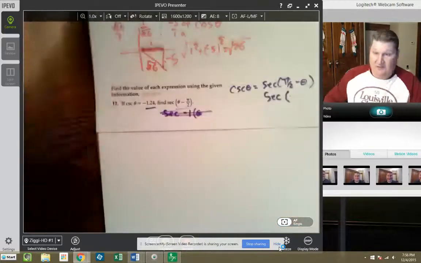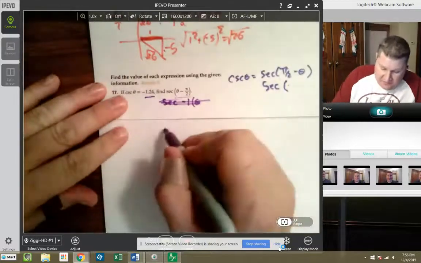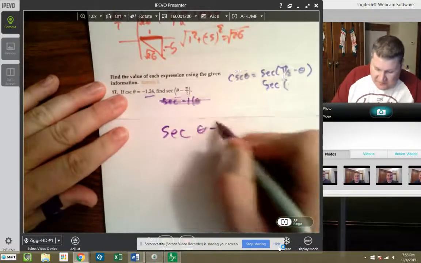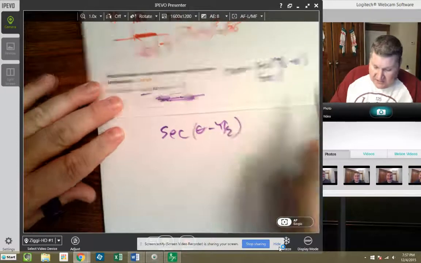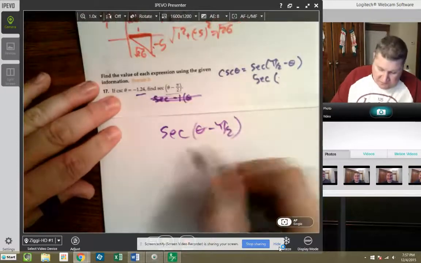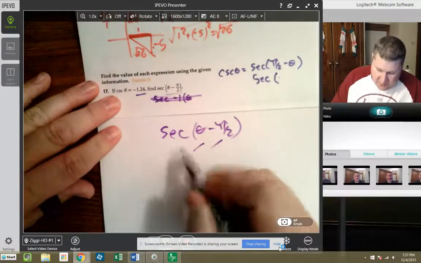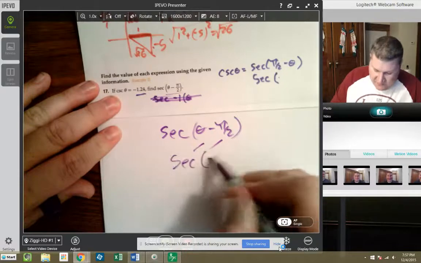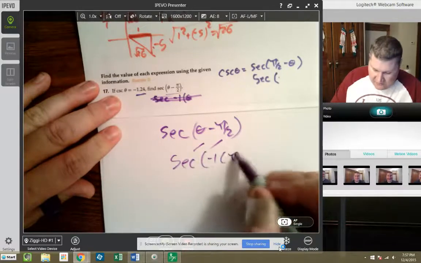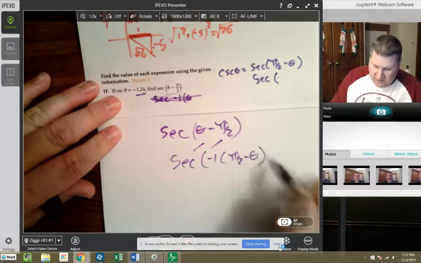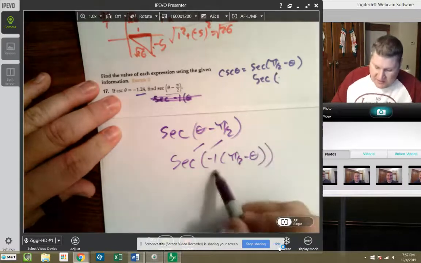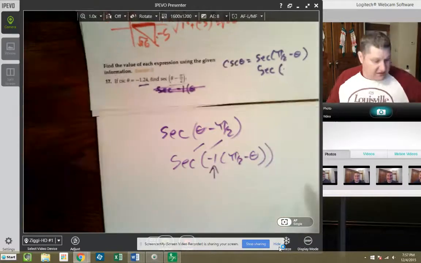I'm running out of space. Here we go. So we have secant theta minus pi over 2. I need a pi over 2 minus theta. So here's what I'm going to do. I'm going to take out a negative 1. So I have secant parenthesis negative 1 parenthesis pi over 2 minus theta. That would allow me to turn it around. Now, I have a negative 1 inside a secant.